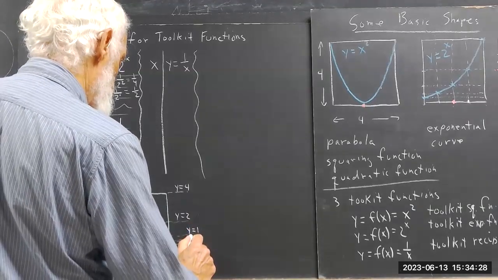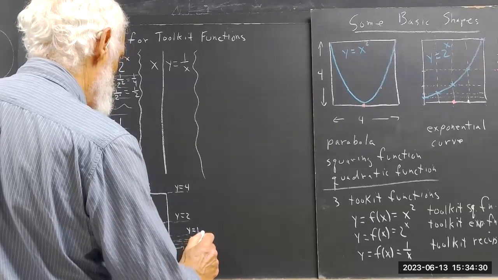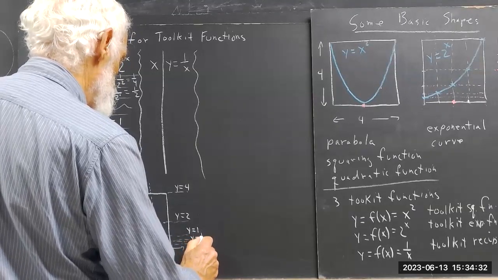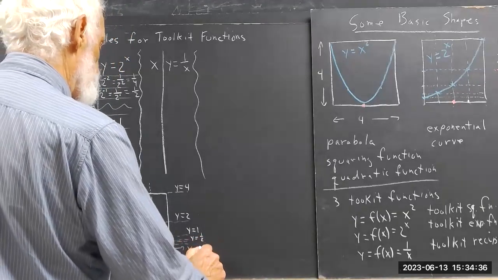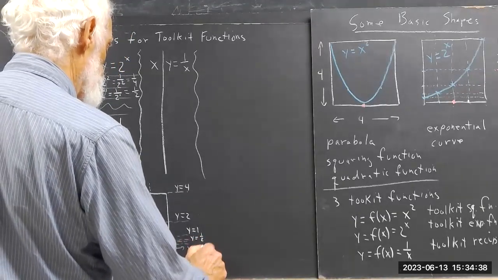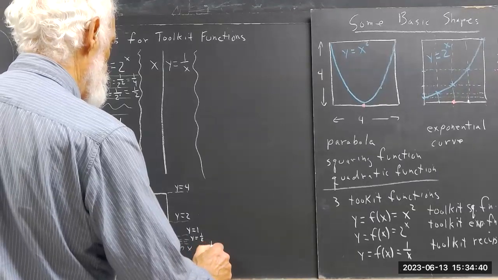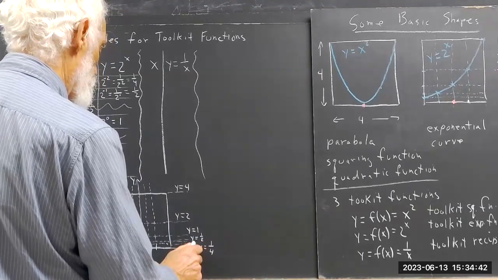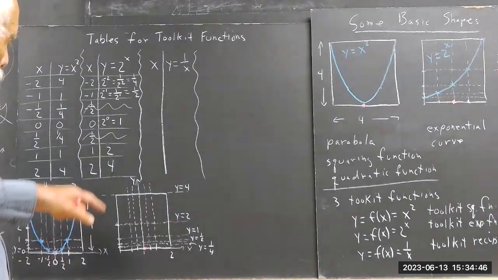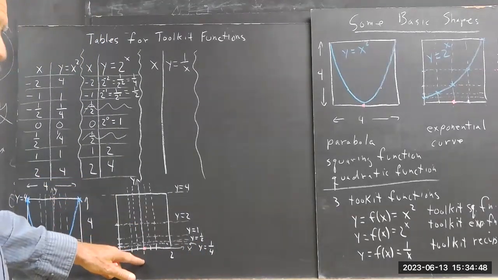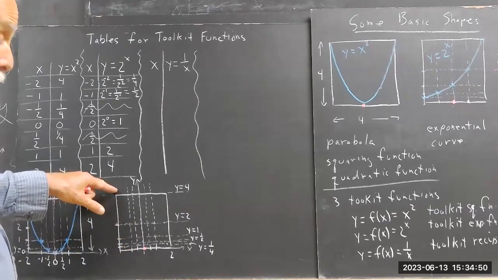Okay, now here is the y equals 1/2 line. And here I'm going to have to label it a little bit low, y equals 1/4. That would be this lowest line. Now, each of these lines is twice as close to the bottom as the one above it.